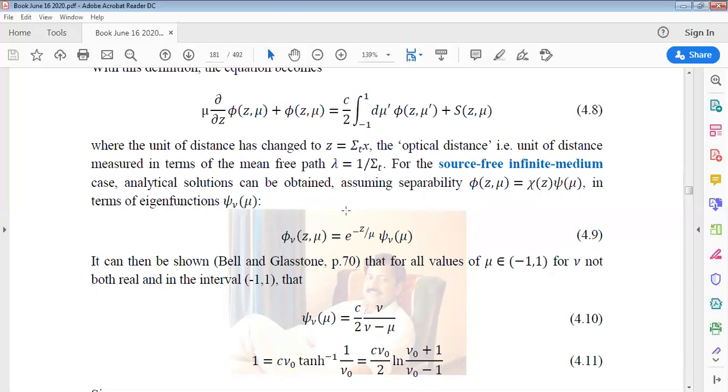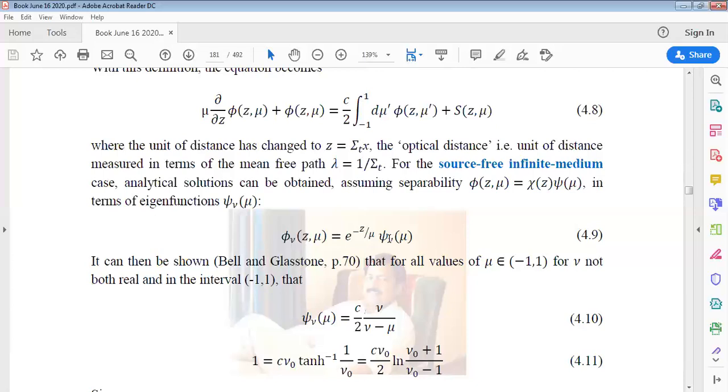And if you assume an e to the minus z over mu for the z term, both of them are connected here. So this should come out to be a scaling factor. So you're supposed to assume separability.